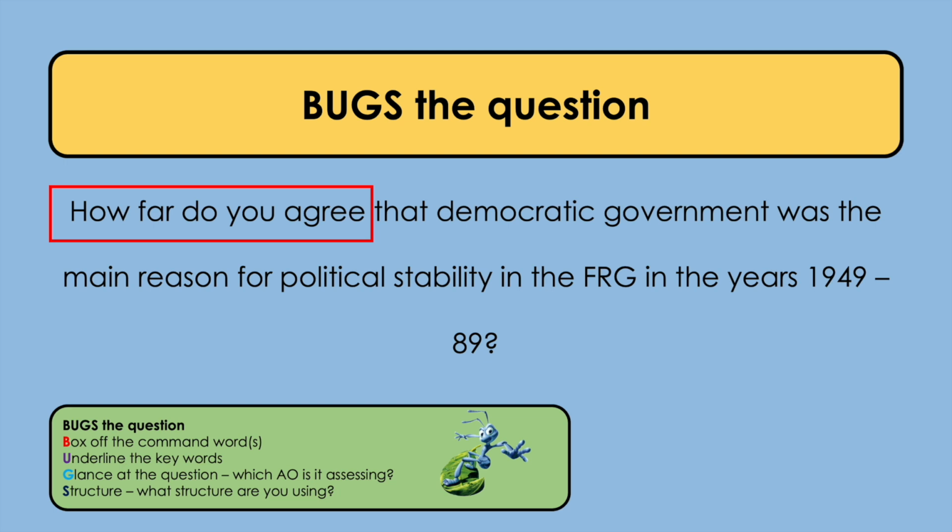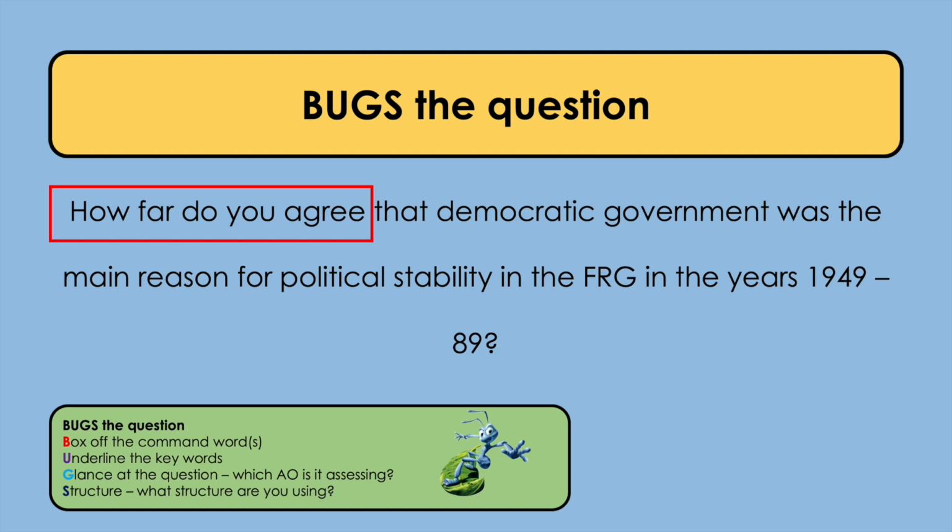In this case, what the question wants to know is whether or not we think that democratic government was the main reason for political stability, or do we think that there was another reason for why political stability was achieved in the FRG between the years 1949 and 1989?